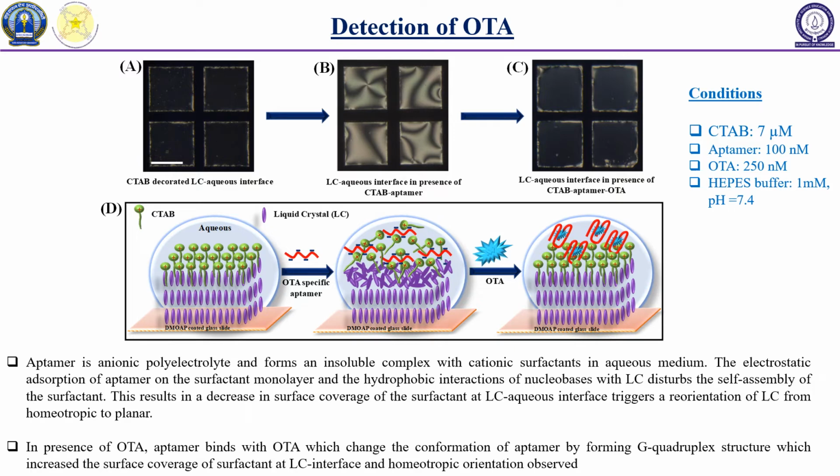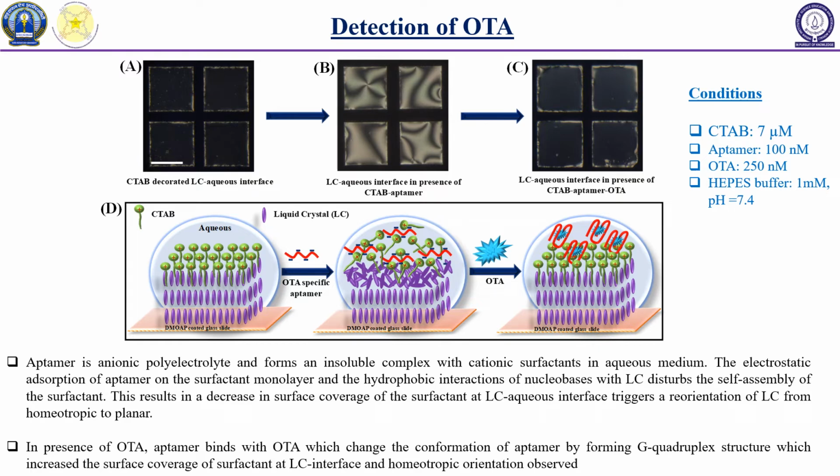The electrostatic interaction between the surfactant and the aptamer, and the hydrophobic interaction between the nucleobases and the LC, disturb the self-assembly of the surfactant molecules at the interface. This results in a decrease in the surface coverage of the surfactant at the LC aqueous interface and triggers the reorientation of LC from homeotropic to planar.